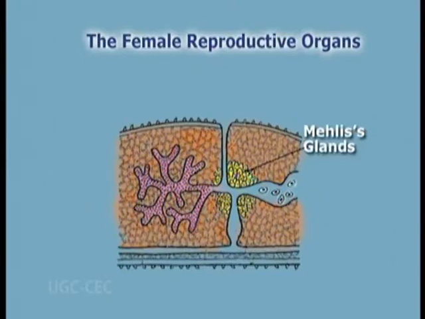Please look at the figure. Mehlis' gland, though also known as the shell gland, does not play any role in shell formation. It remains surrounding the base of the oviduct, and its secretion helps in lubricating the uterus for the smooth movement of eggs and sperm.